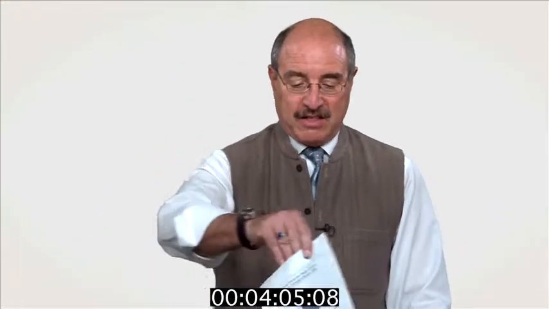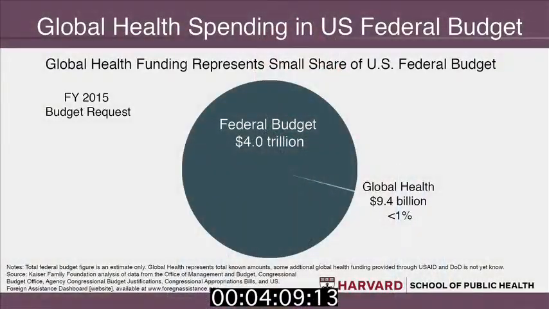Just to give you something to compare this to, it's been recommended by the United Nations that countries should achieve 0.7% of their gross domestic product as total foreign aid. So the U.S. is still, in terms of its total foreign aid, well below that level, and our health aid less than 0.1%.